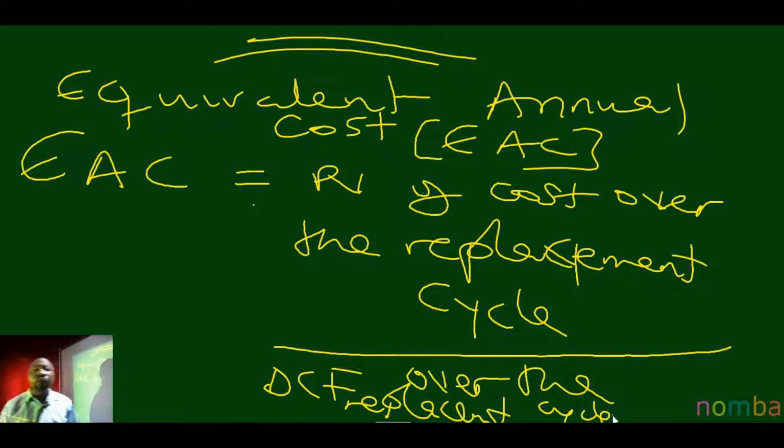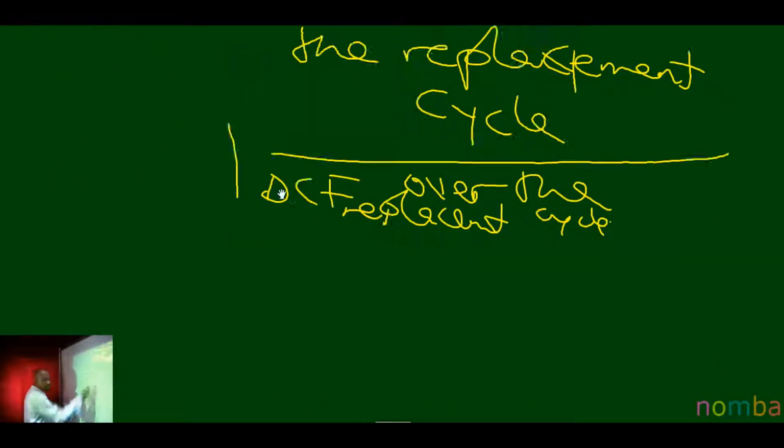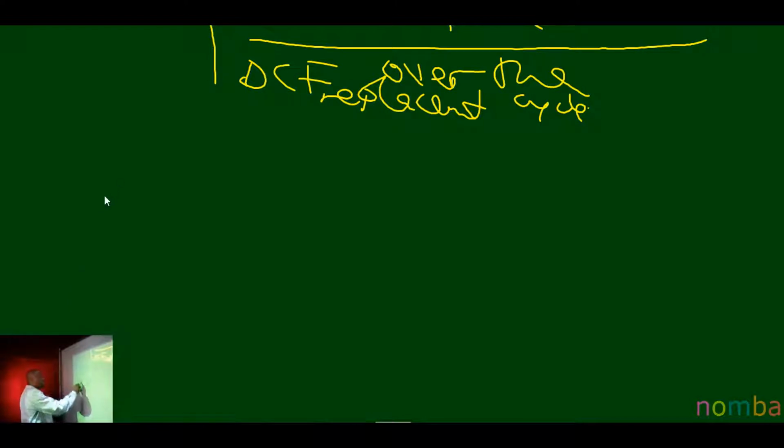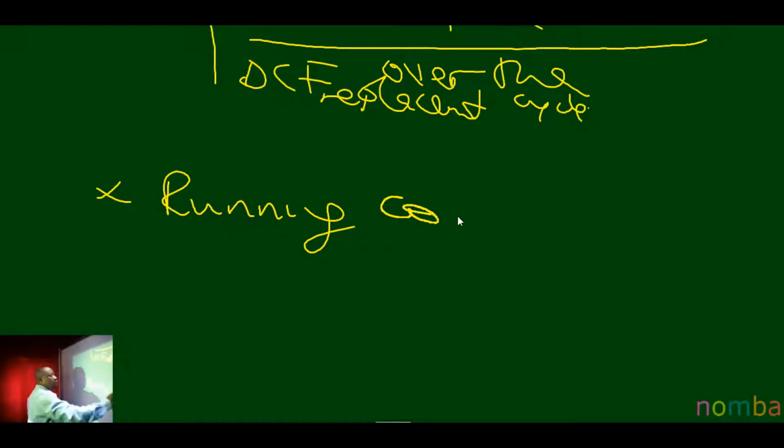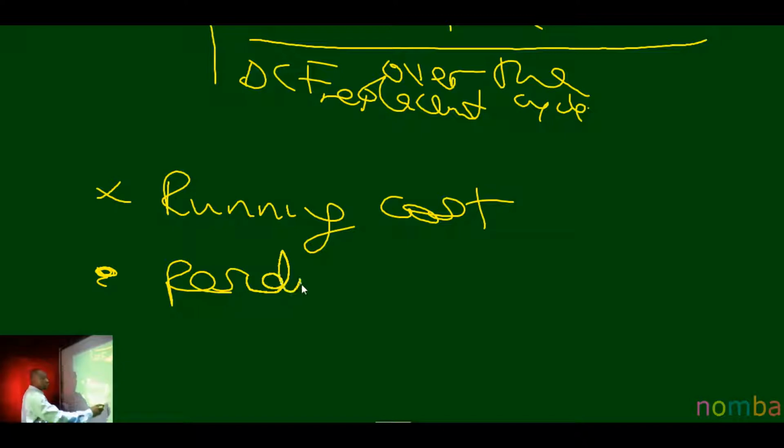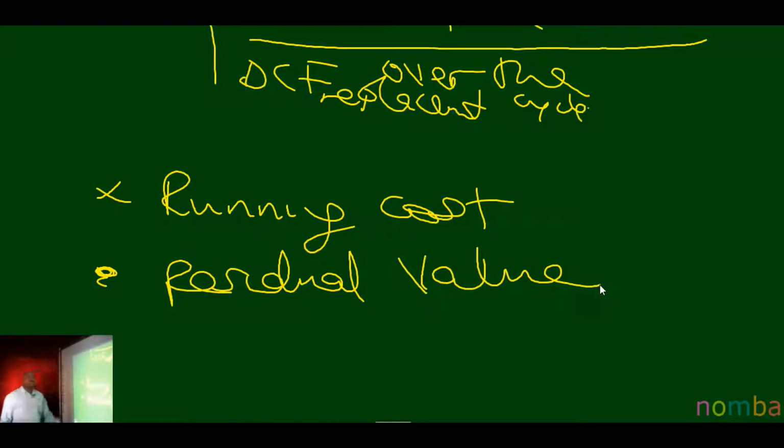In determining the present value of cost, we need to consider some cash flow items such as running cost of the machine or running cost of the asset. We also need to consider the residual or scrap value of an asset. Running cost is the operating cost of an asset for each year.